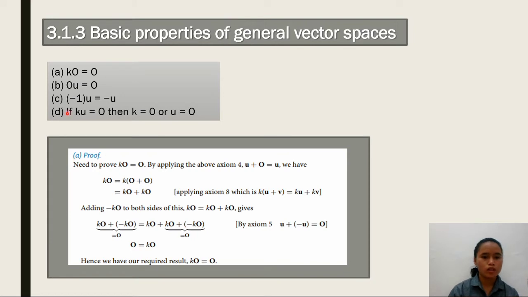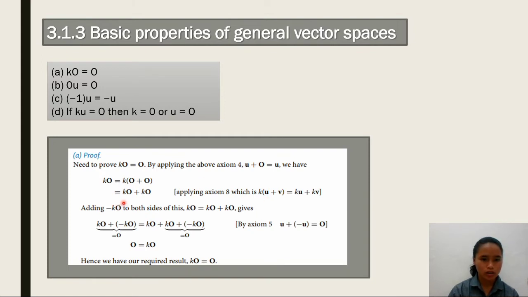Proof of A. We need to prove k0 equals 0 by applying the above axioms. So this is axiom number 4, u plus 0 equals u. We apply axiom number 5, which is that k times (u plus v) equals k times u plus k times v.